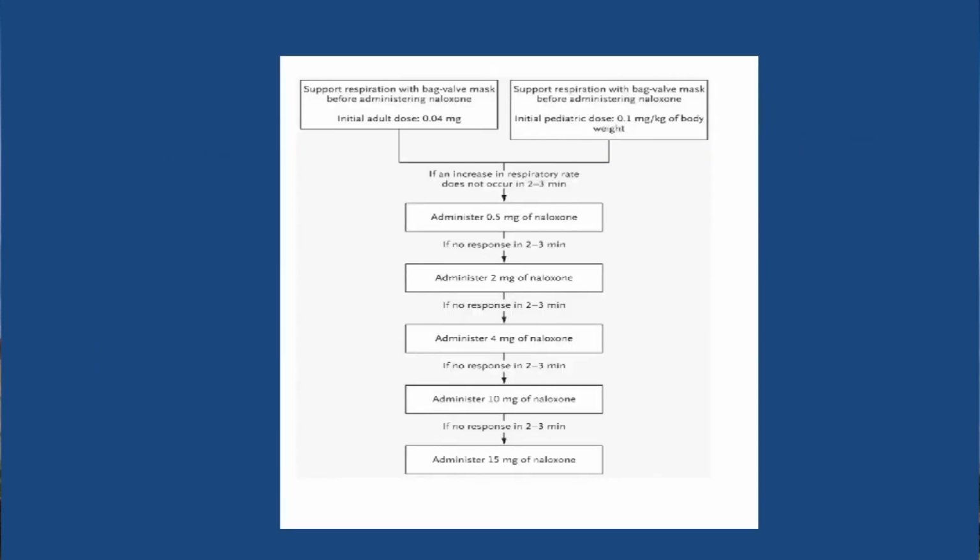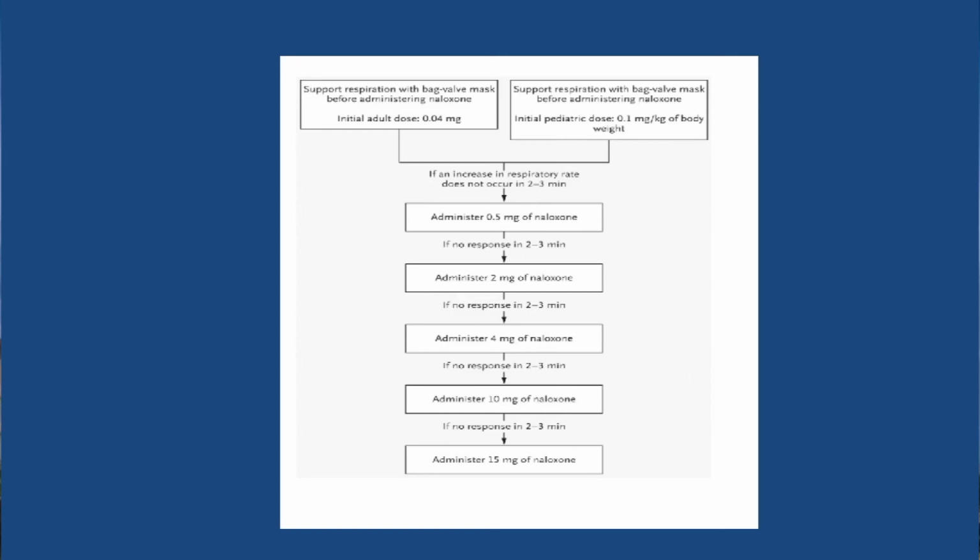We have some rescue cards available from the American Academy of Pediatric Dentistry, and this is a protocol that uses a child dose over here and an adult dose over here, and the dosage amounts are increased significantly at each level. This is the 2 milligram dose that's advised, and then here is a 4 milligram dose.